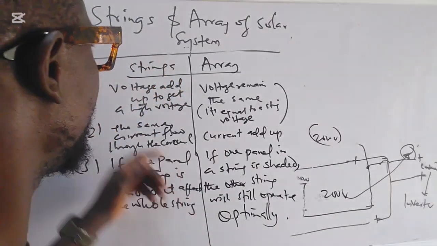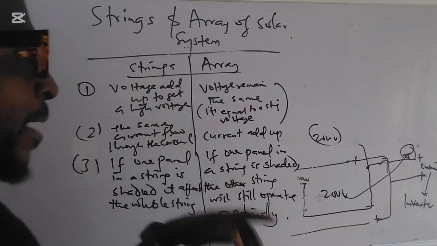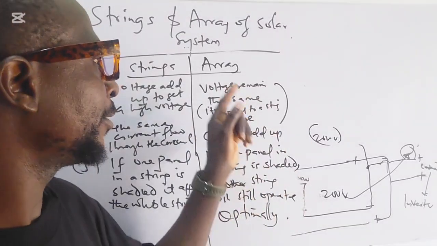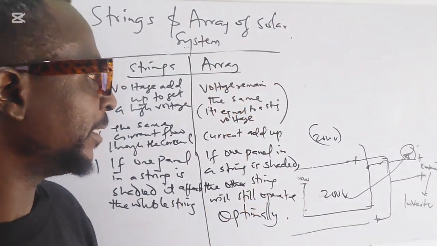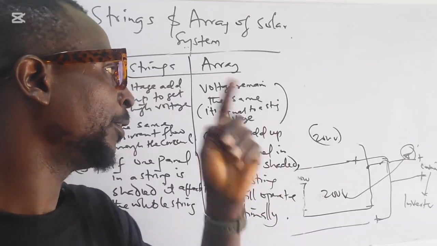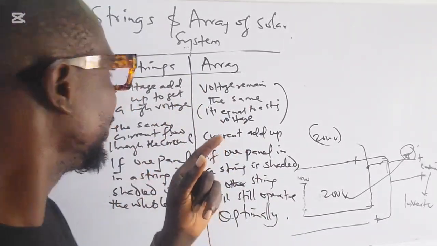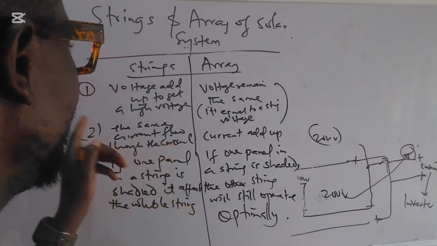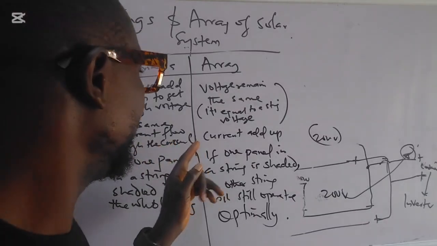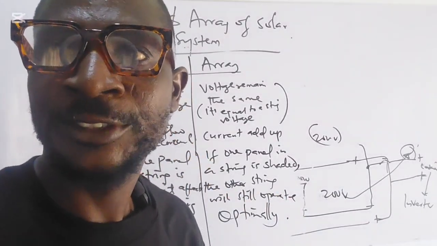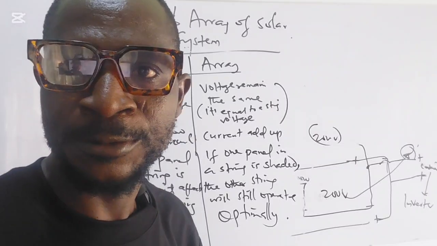You see the take home, the voltage adds up to get a high voltage, while in the case of an array, the voltage remains the same. That means the voltage is equal to the voltage of a string. Then we have the second one being the same current flows through the circuit. In a string of solar panels, the same current flows.